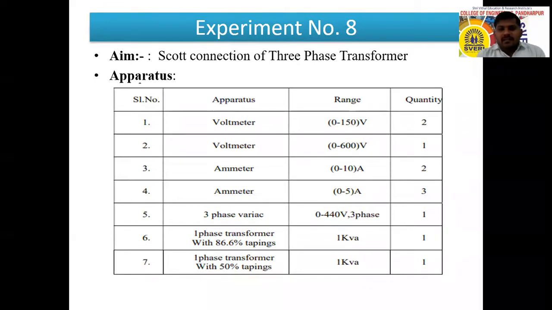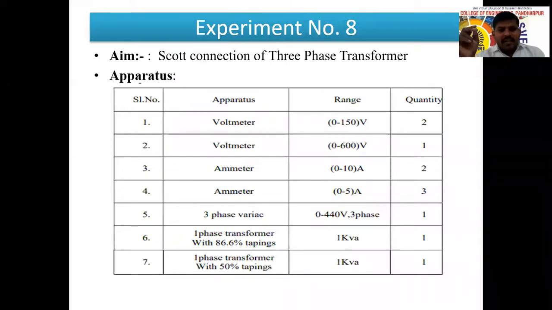To measure the three-phase voltage we require a range up to 440, so we are using here a 0 to 600 volt voltmeter, one quantity. Next, to measure the current flowing from the secondary, because we are providing a two-phase load, we are using two ammeters having a range of 0 to 10.